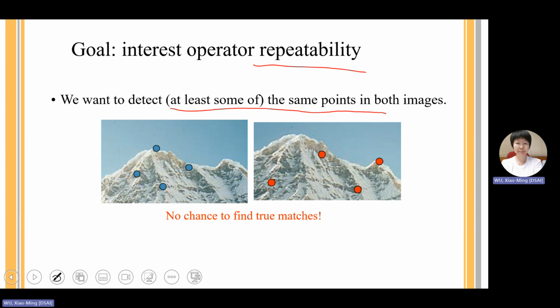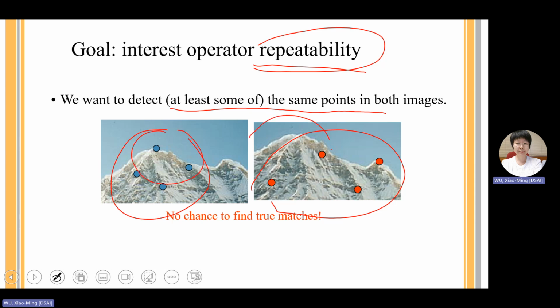If you run an algorithm and you identify two totally different sets of key points, then there's no way you can combine the images. You can't match the images, right? So repeatability means identifying the same key points from different images. Not all the same, but because there is some overlap between the two images.